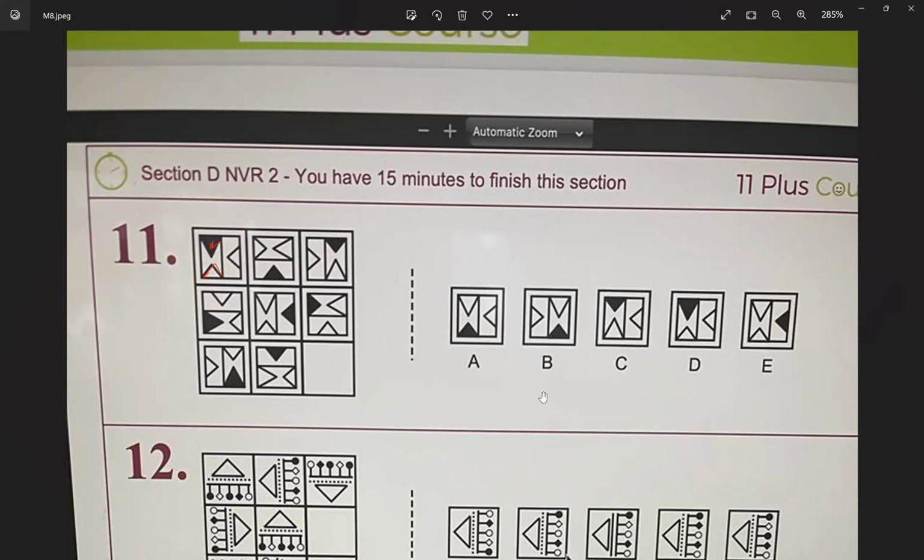I think after this, the one singular triangle will be white, and when it's rotated it'll be on this side, and then there'll be the line. So it's not E and it's not B because of the incorrect rotation and also shadings.